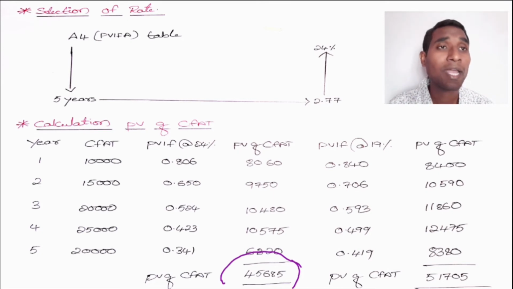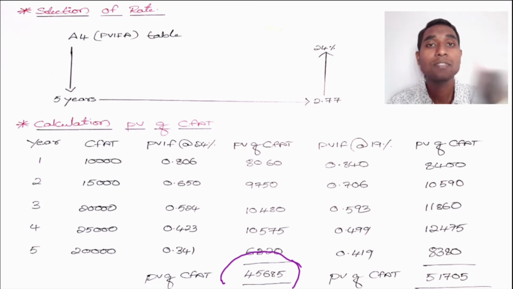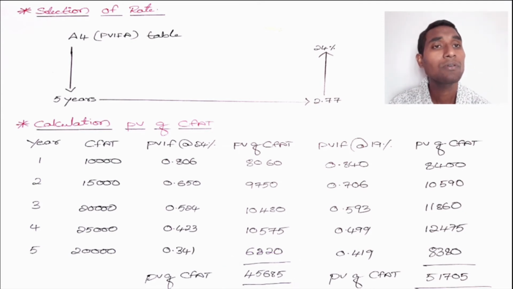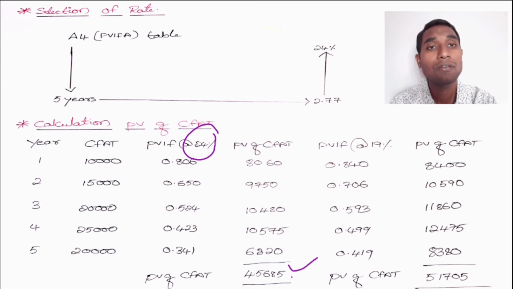Now I need to try at such a rate so that my PV of CFAT will be more than 50,000. So there is a small logic in using the rates. When you tried at 24%, you got 45,685.